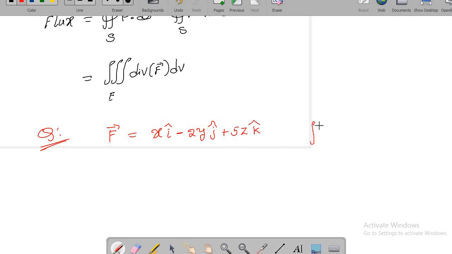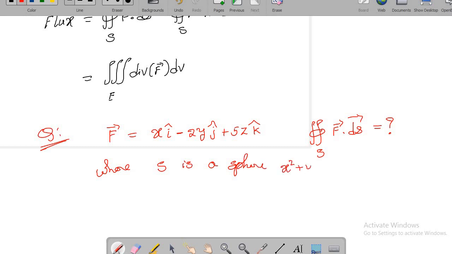Now the question is, what is the integral along S of F bar dot dS, where S is a sphere given by x square plus y square plus z square equal to 25.